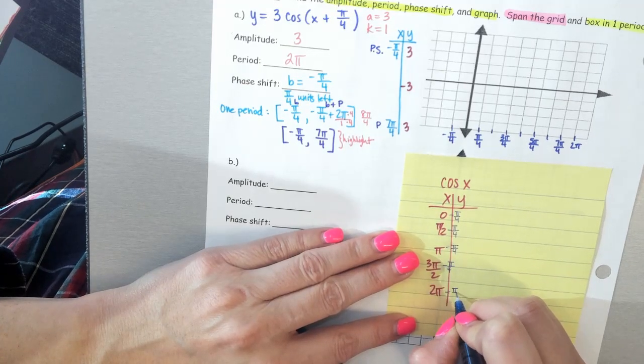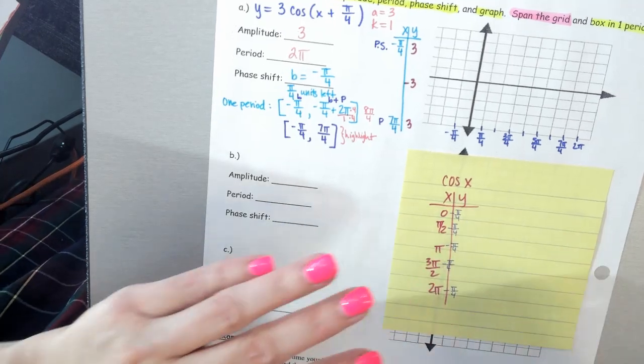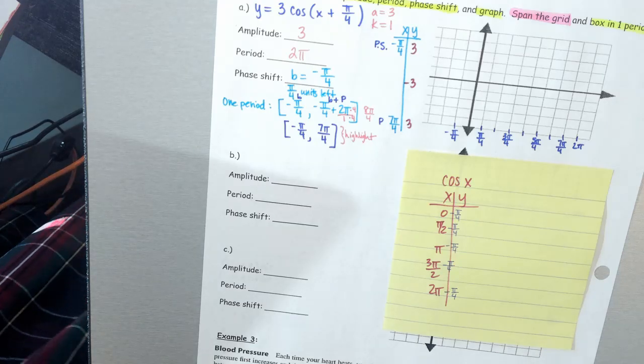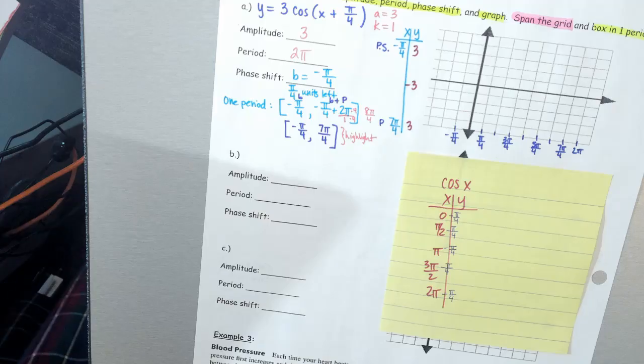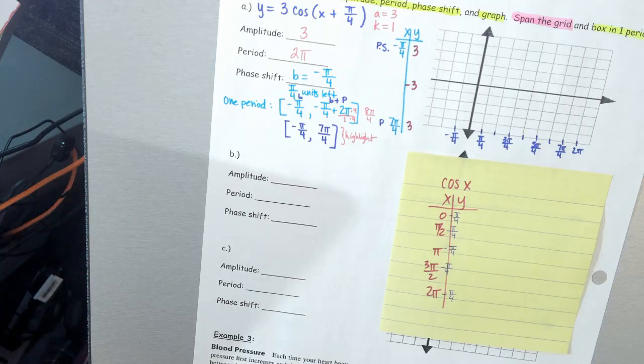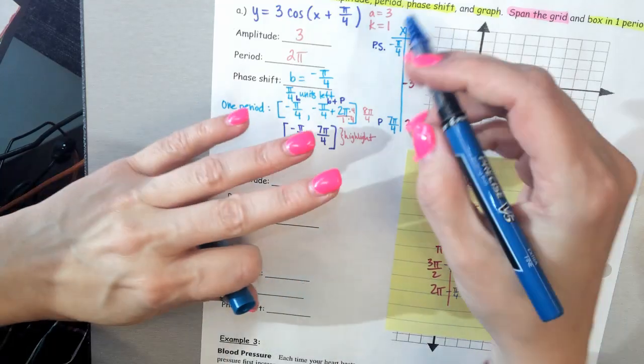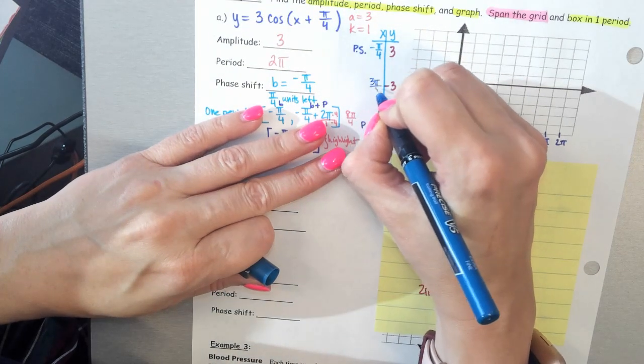And we already did that with the 2 pi minus pi over 4, the 0 minus pi over 4. That is not going to work every single time because this has to happen halfway in between. It does work for this one, so you can use that. This is the 3 pi over 4.